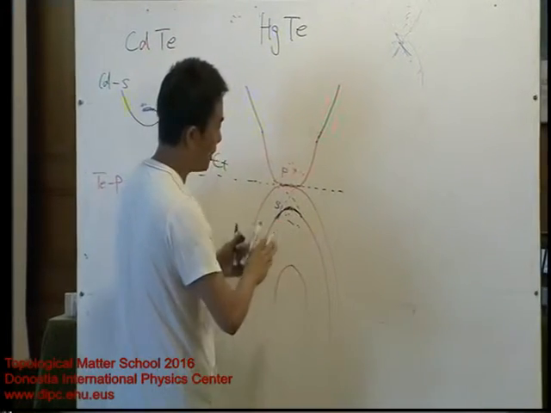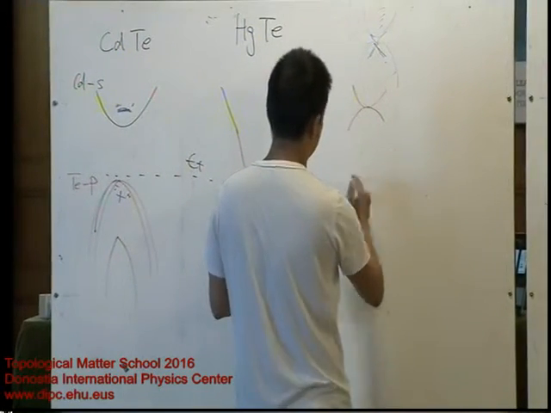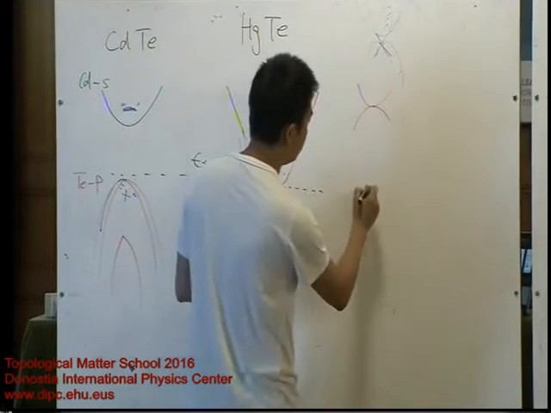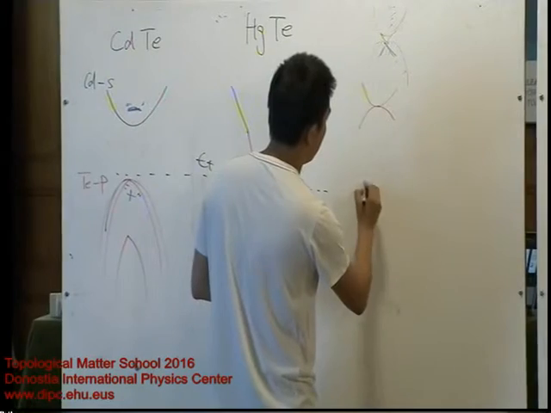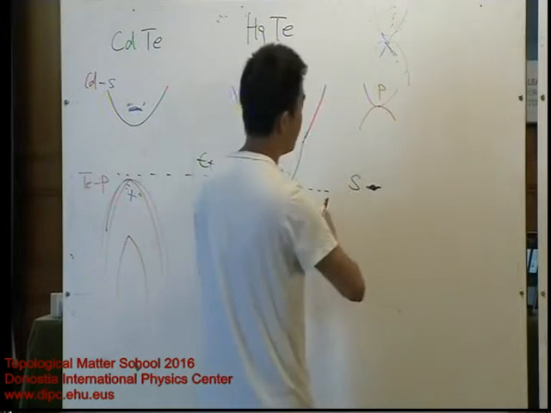Here, these states. Let's plot it larger. This is the P state. This is the S state here, maybe black. The S state here, P here, and this is the energy.